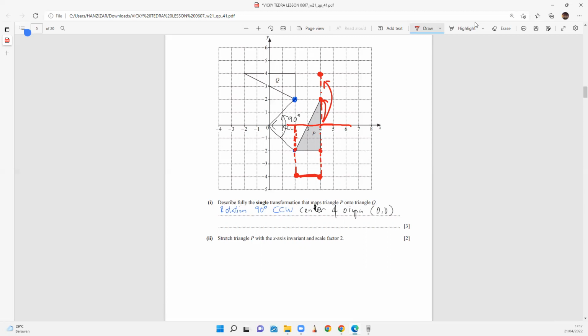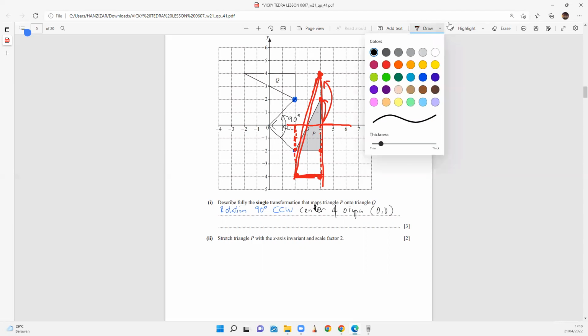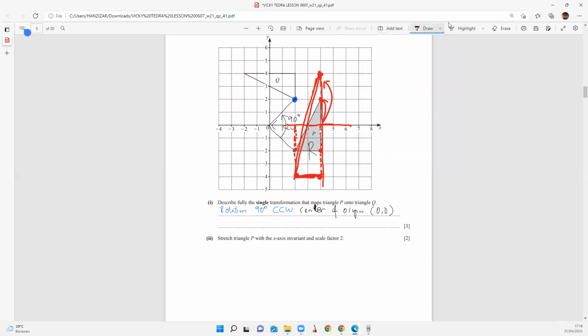Okay, so this will be our drawing. So what is the point? Let's say this is XYZ, or triangle R. So triangle R has its points 2, 4, 2, -4, and then this one 4, -4, because you stretch through the x-axis, and one more 4, 4.